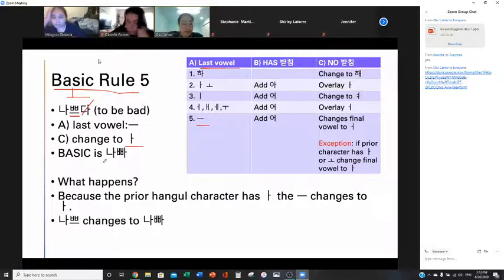Therefore, napa means to be bad, and this is the present tense. What happens? Same thing I just explained. The prior Hangul character is this one, na, which has a in it. So the stem vowel changed to a. Therefore 나빠.